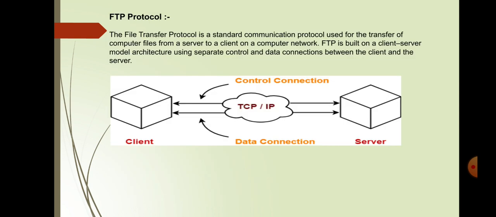Next, in order to search, to communicate, or to send any file on the internet, we need to follow some protocol. In the same sequence, the first protocol is FTP, which stands for File Transfer Protocol.